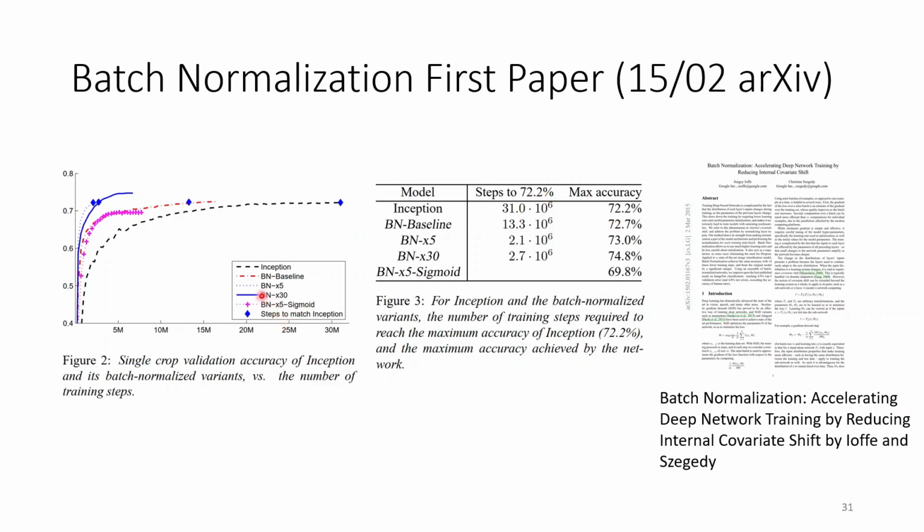And then BN-x5 means, in addition to adding the batch normalization layer, they slightly tweak the learning rate. Do you still remember? When we do gradient descent, there is a learning rate. It means how much we will move from the original point to the new point.